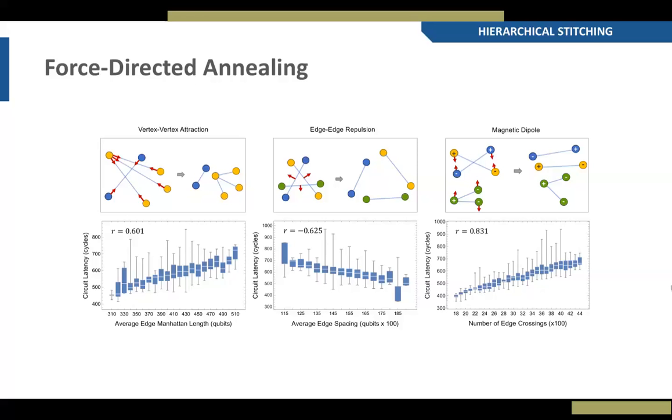The simulator schedules all the braids, it's cycle precise up to the surface code cycle, and it can avoid congestion and do the routing. Then we compute the circuit latency in terms of surface code cycles.